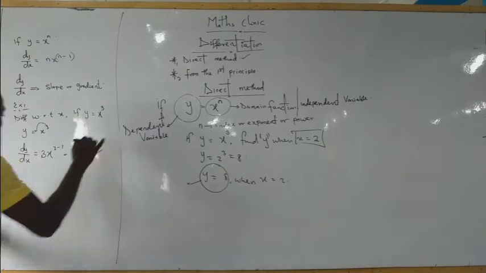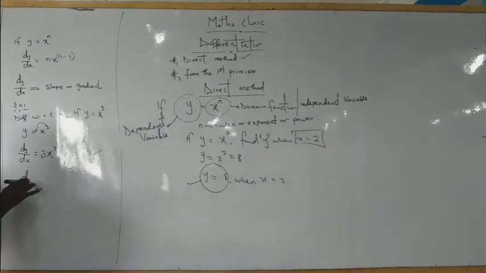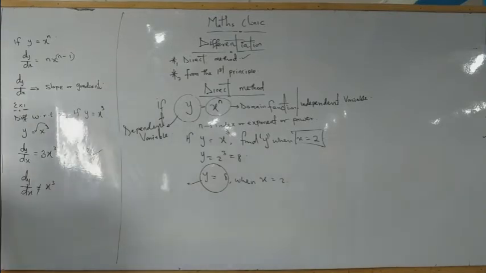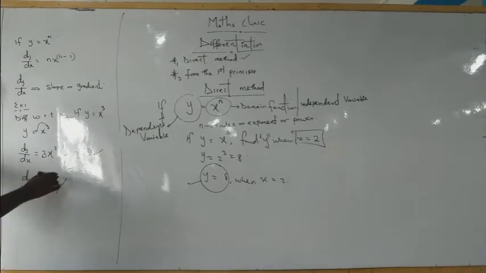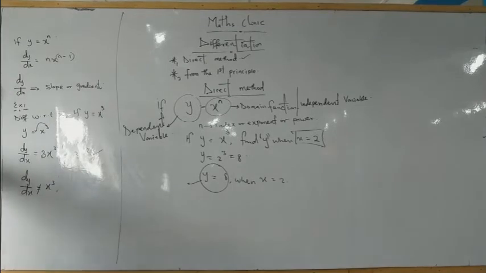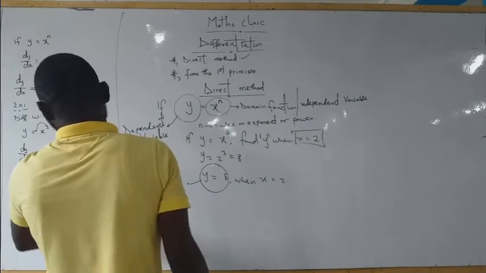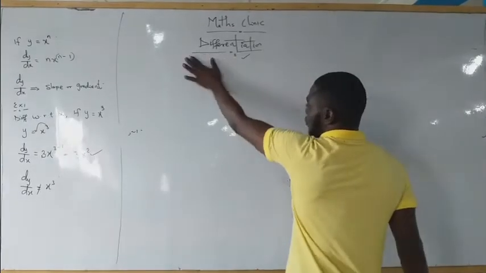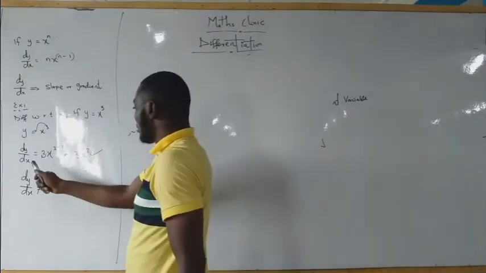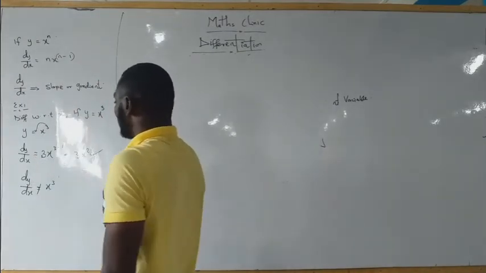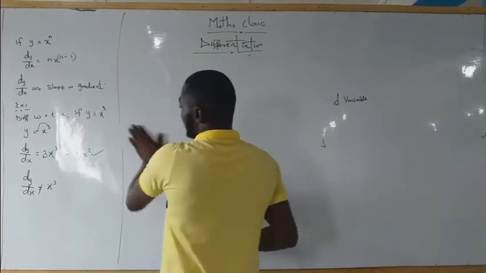This is correct. But once you write dy over dx, please don't put x raised to power 3 equals this. This is not equal to this, very wrong. Take note. Once you have dy dx equals, the next thing is to differentiate directly: take the power to the front, then take away 1 from the power.